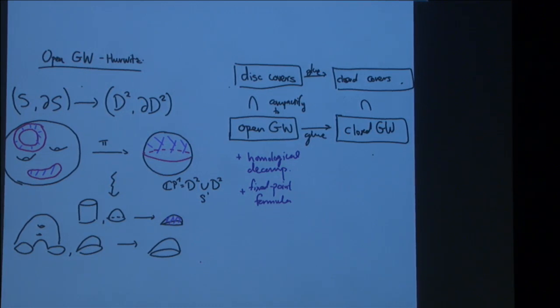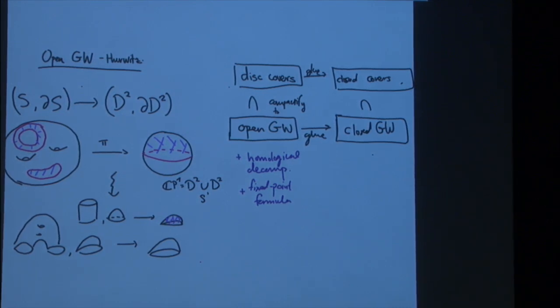But the bottom line is you can actually use this localization formula to compute these open Gromov-Witten numbers, and then use that to prove an extended open Hurwitz and open Gromov-Witten correspondence.